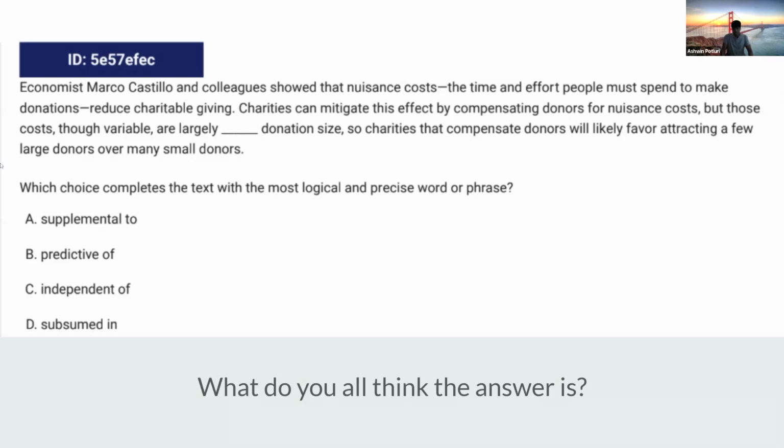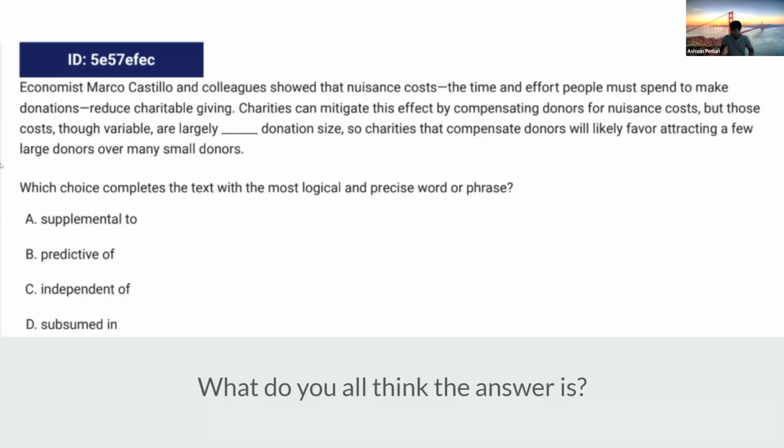And they're not really, because nuisance costs are separate from the donation size. They're not dependent on each other, which we proved with predictive of. So they're separate things, and that's the way the text shows it.